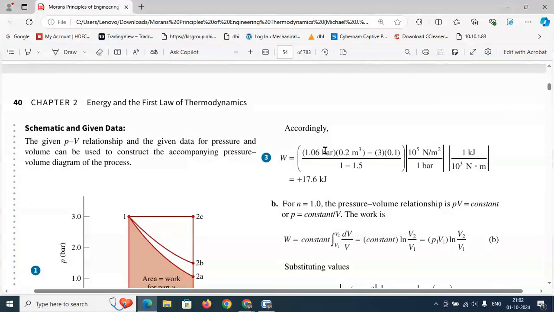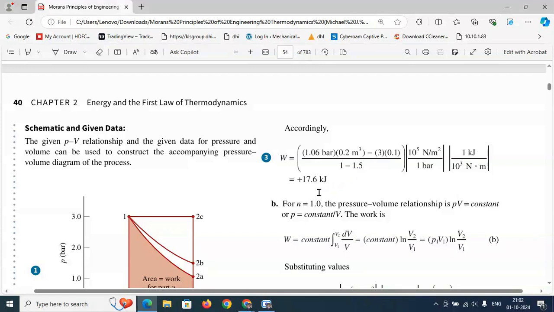P1 V1, sorry, P2 V2, final pressure, final volume, minus P1 V1, divided by 1 minus n, for the first process when n is 1.5. Work done is how much? Positive. So work done by the piston, correct? With respect to the piston, it is positive, correct? With respect to gas, gas is absorbing some energy from the piston.